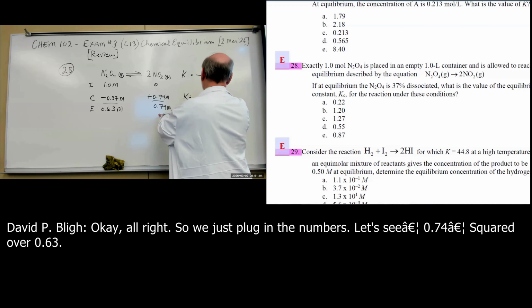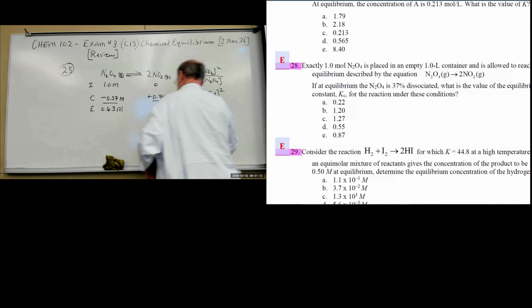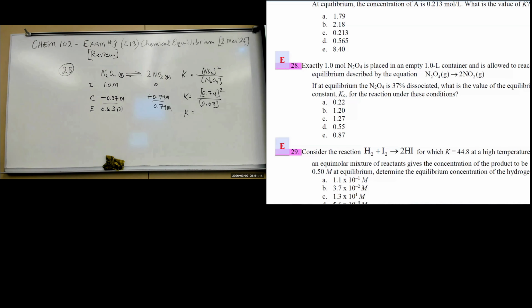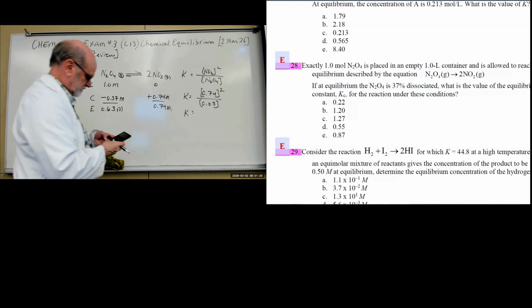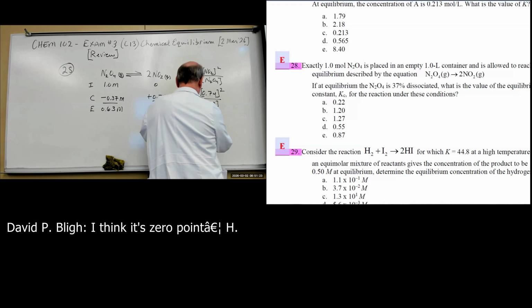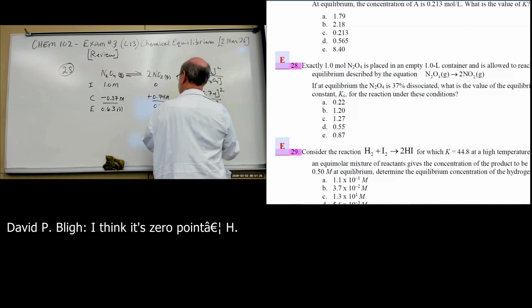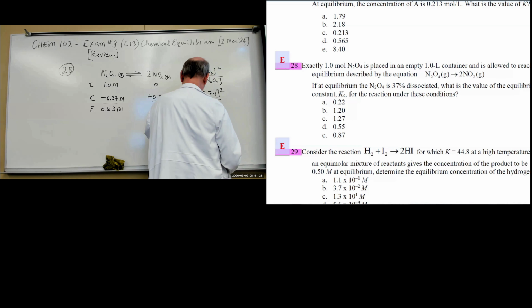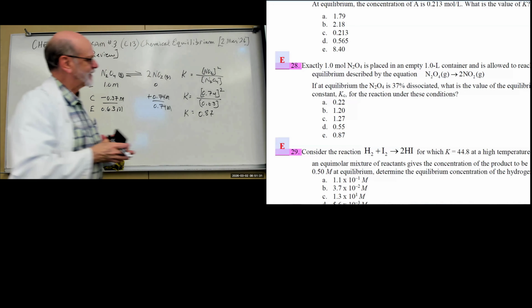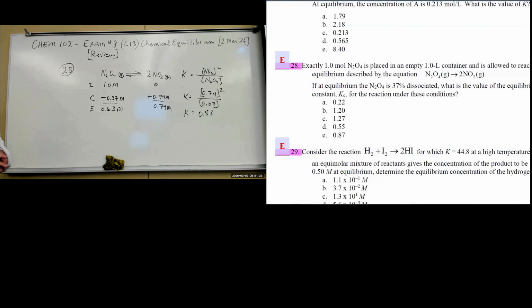Let's see, 0.74 squared over 0.63. I get 0.87.